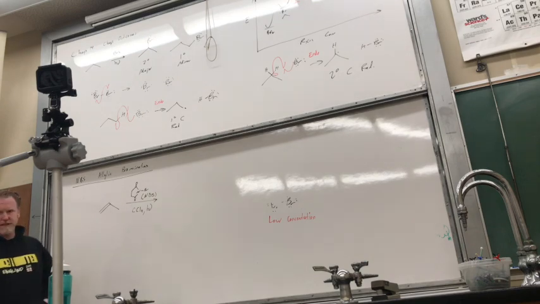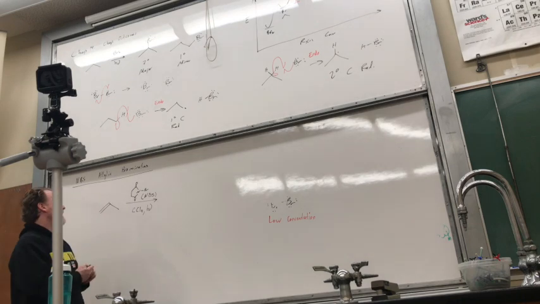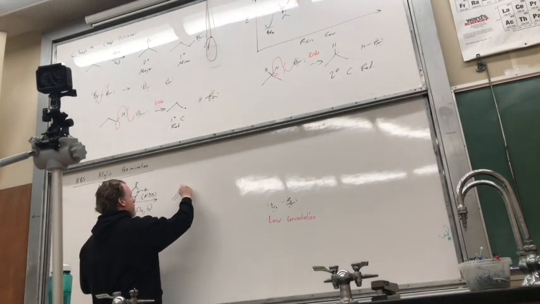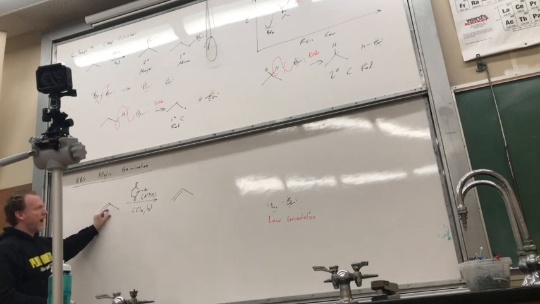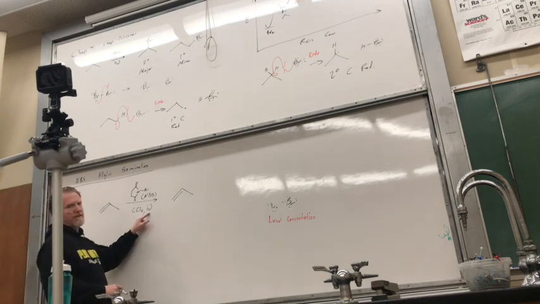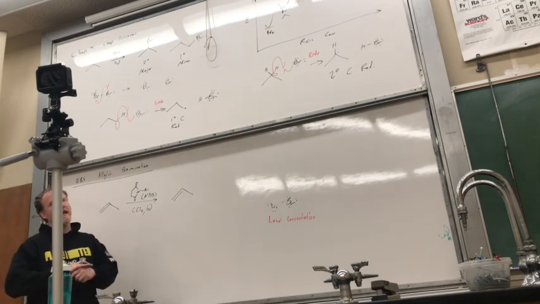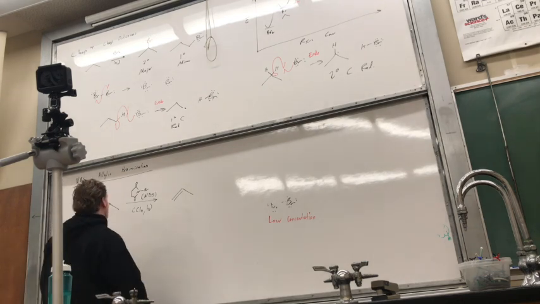When a little bit of it dissolves, it can form a low concentration of bromine. And when that low concentration of bromine is formed, there's not enough of it to run into the pi bond. So before it runs into the pi bond and does the anti-addition, it can get hit with a photon of light and made into a radical, and now it's on a different pathway, a radical mechanism. So let's see the mechanism for that.